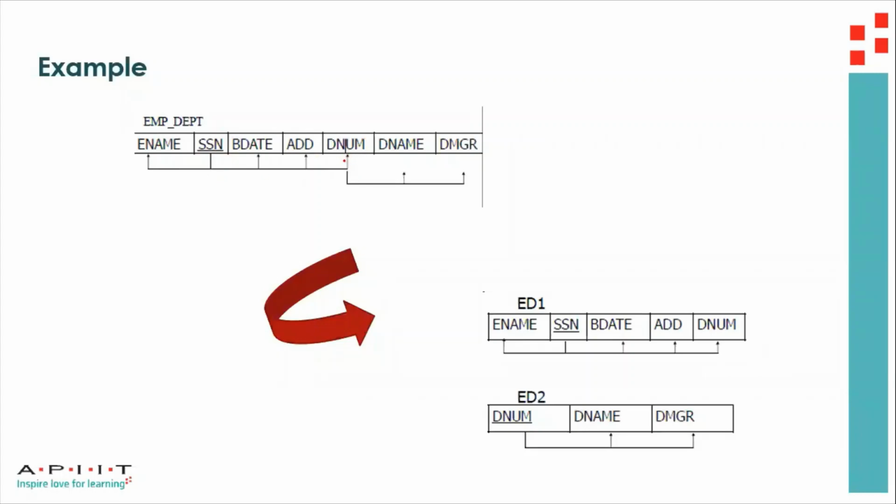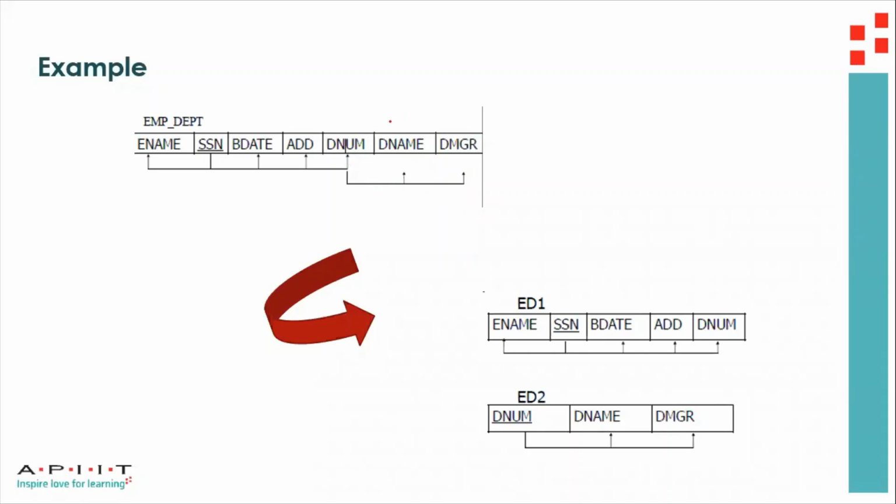And which department the employee is working in, yes, we have the department number, because we need to identify the department that the employee is working in. And we have another thing: the department name depends on the department number, and the department manager depends on the department number.